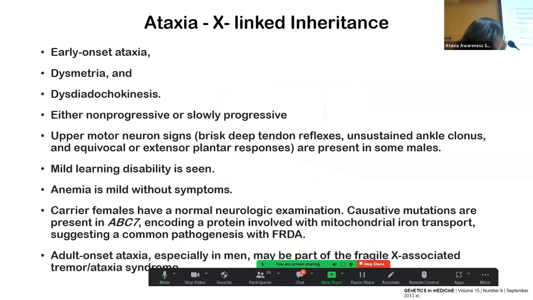So in some males, this is mostly in males if it is X-linked. Upper motor neuron signs are present in some of the males. Mild learning disability is seen, anemia is mild. Carrier females have normal neurological examination and the mutation is in ABCC7 gene.